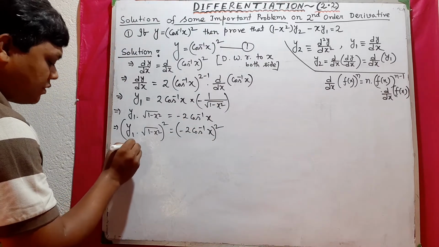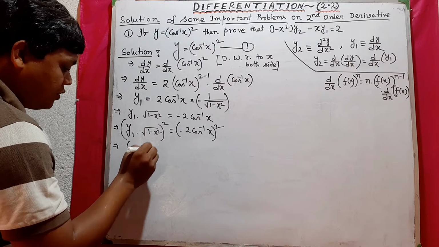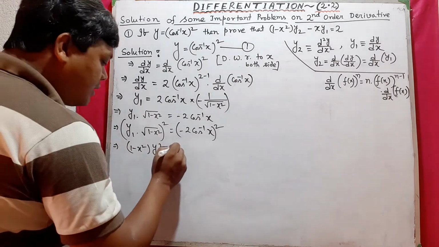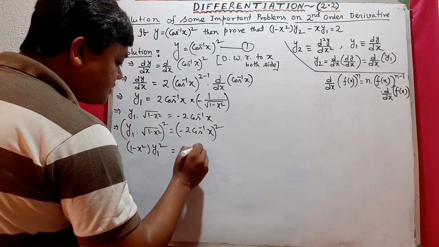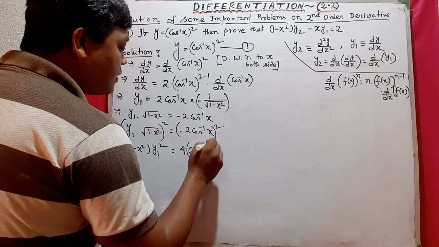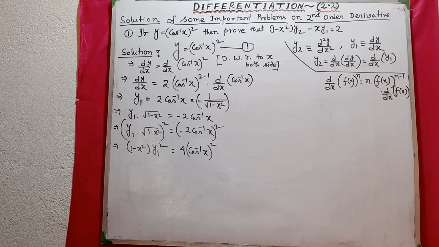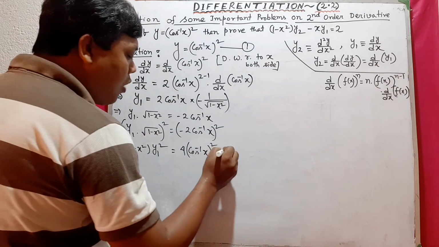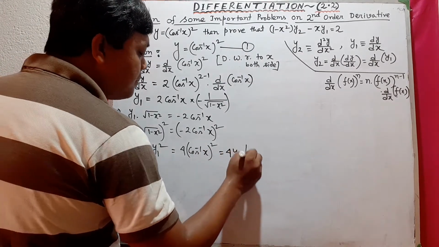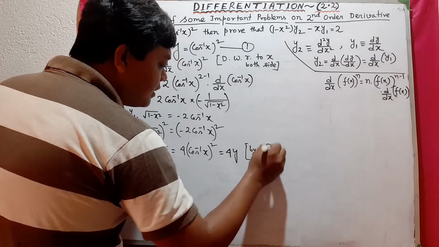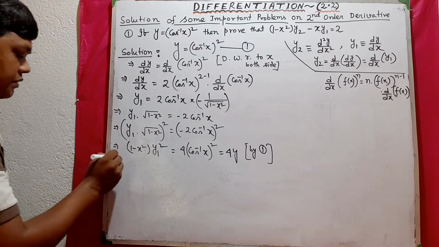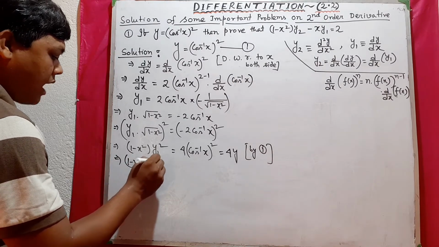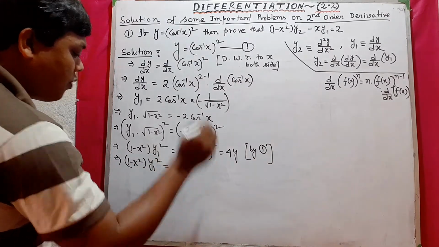So that gives (1 minus x square) into y1 square equals to 4 (cos inverse x) whole square. From equation 1 we can easily say (cos inverse x) whole square is equals to y, so that gives 4y by equation 1. So now this implies (1 minus x square) y1 square equals to 4 into y.